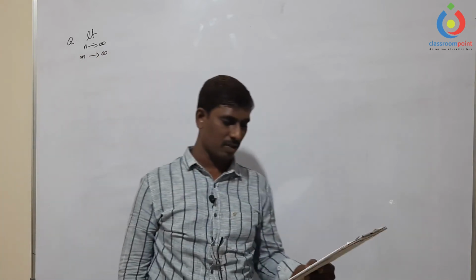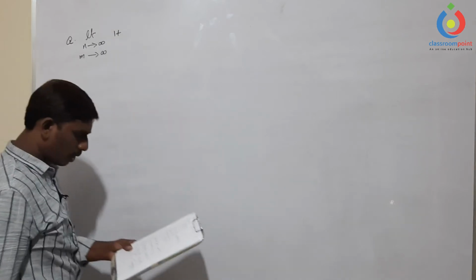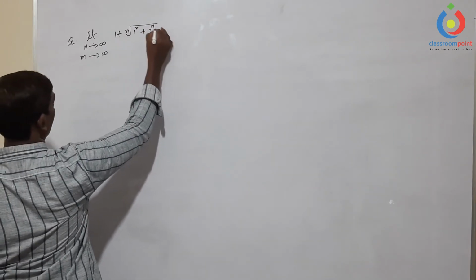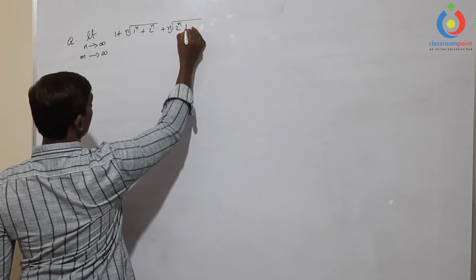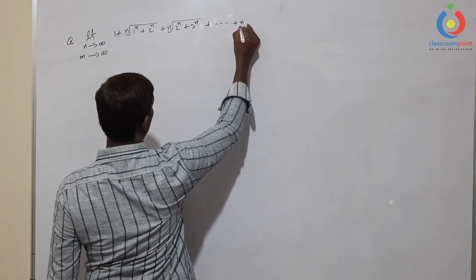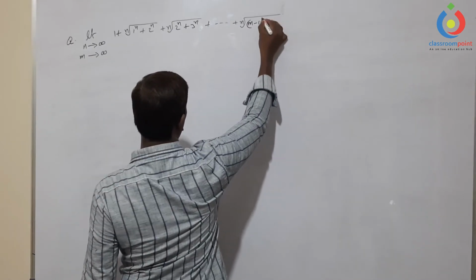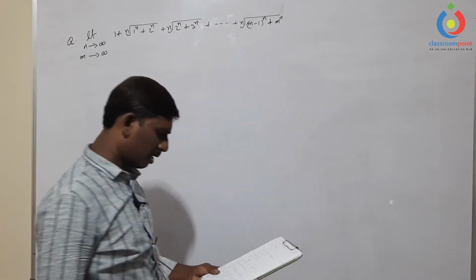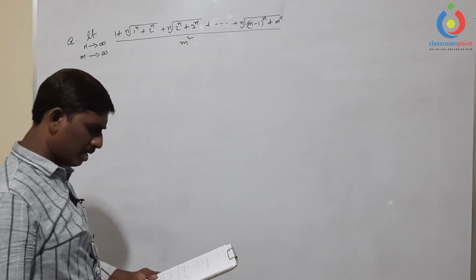So the question is: 1 plus nth root of (1 power n plus 2 power n), next nth root of (2 power n plus 3 power n), plus and so on, nth root of ((m minus 1) whole power n plus m power n), whole divided by m square.